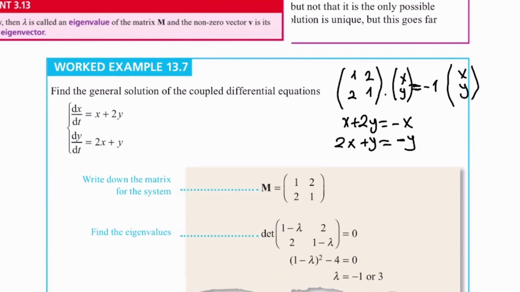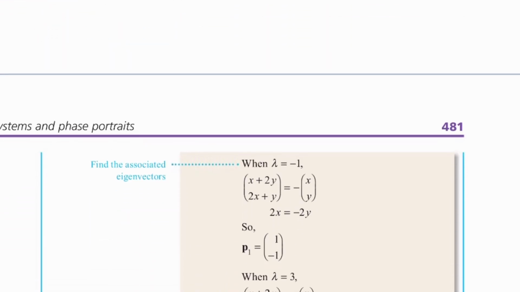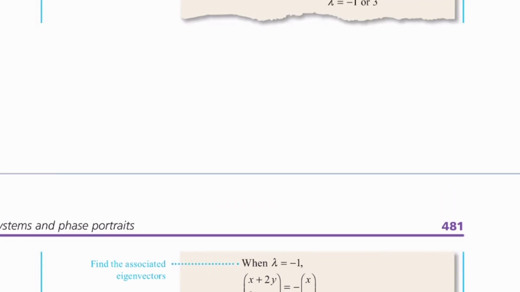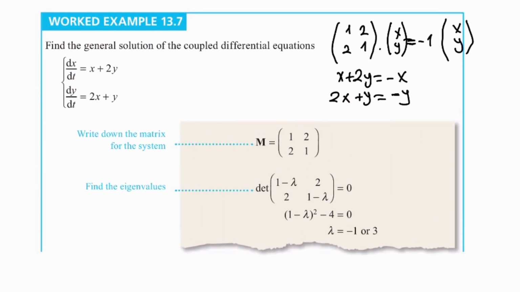From these equations, they should be the same equation all the time, but let's rearrange them. From here, 2x equals minus 2y.